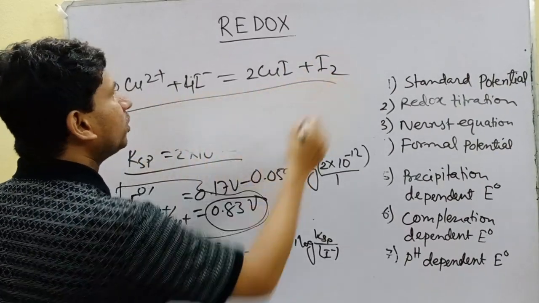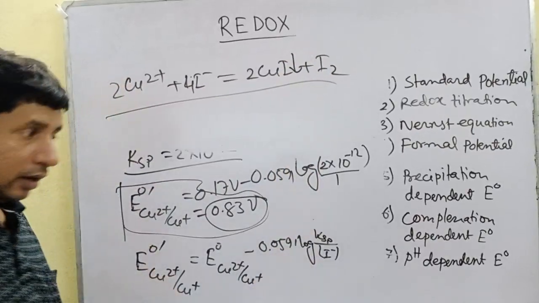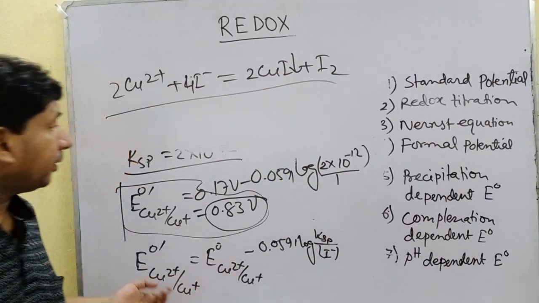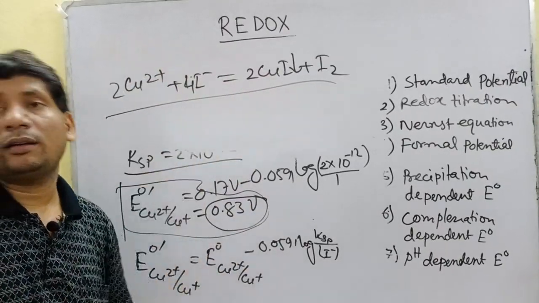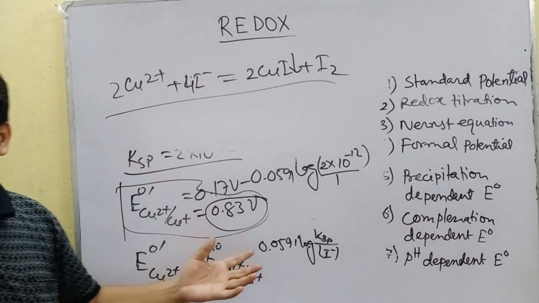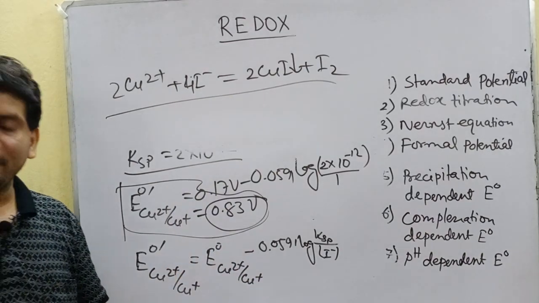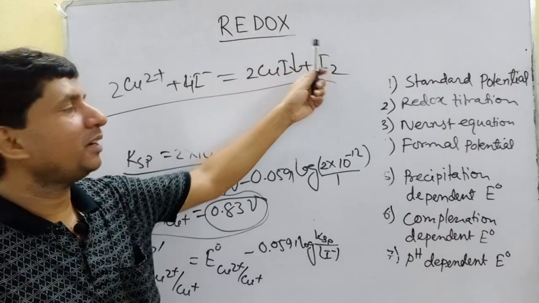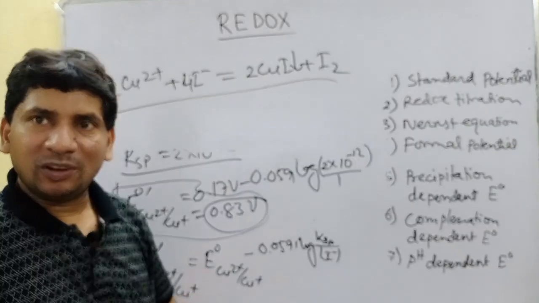This reaction is possible because CuI is precipitated out and the formal potential is higher than the standard reduction potential of iodine. Clear? So for the precipitation this reaction is possible. That means iodine will be oxidized from minus 1 to 0 oxidation state and copper 2 plus to copper 1 plus, it is possible.